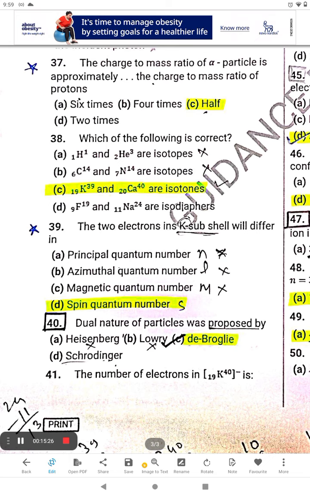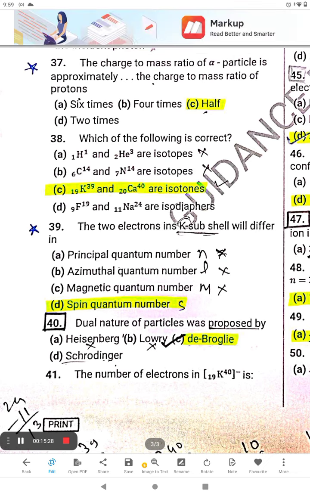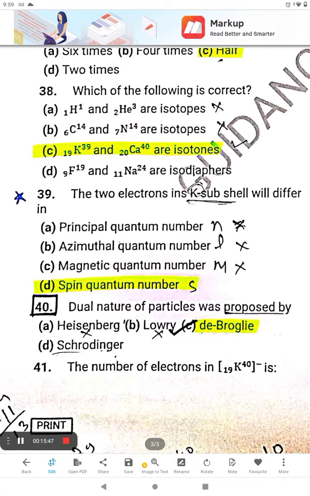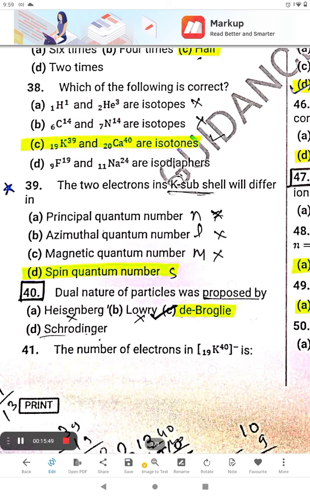Now see, the K subshell has only 2 electrons, right? So the 2 electrons are in the s orbital, so the azimuthal quantum number will also be the same. Magnetic quantum number. Now I have to think on it, but I guess it will not be the right answer. Spin quantum number is the accurate answer.